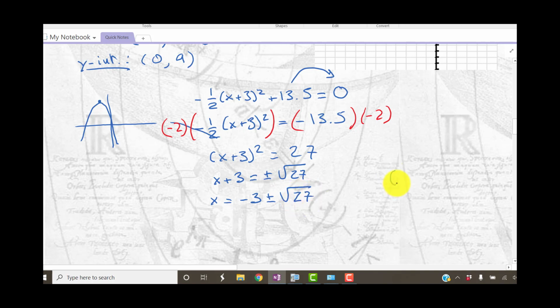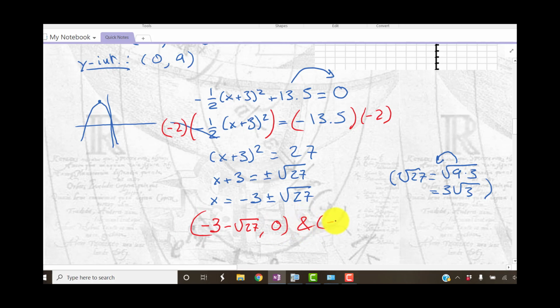I could write square root of 27 as 27 is 9 times 3. 9 goes out of the root as 3, so 3 root 3. But I really don't need to because I'm after graphing the parabola, so I like the way it's written right here. So my x-intercepts are negative 3 minus root 27, 0, and negative 3 plus root 27, 0.